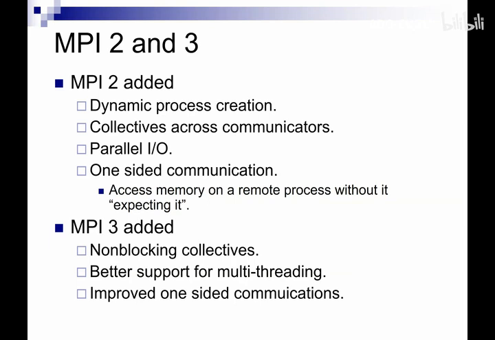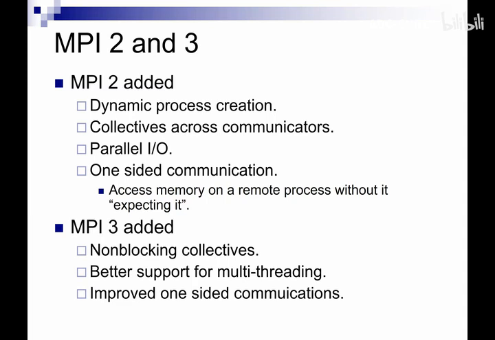And MPI 2 added this thing called one-sided communication. MPI 1 is basically two-sided communication, because if I want to, let's say, send a value to somebody, then I'm going to do a send, and the other process needs to do a receive. So we need to coordinate with each other.